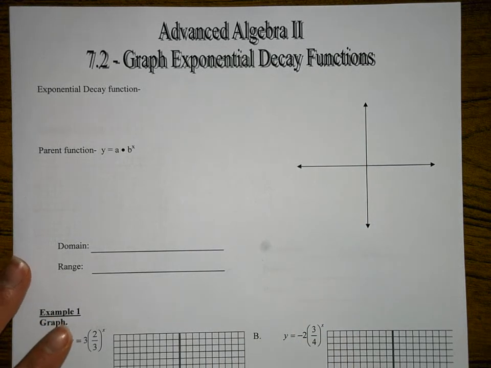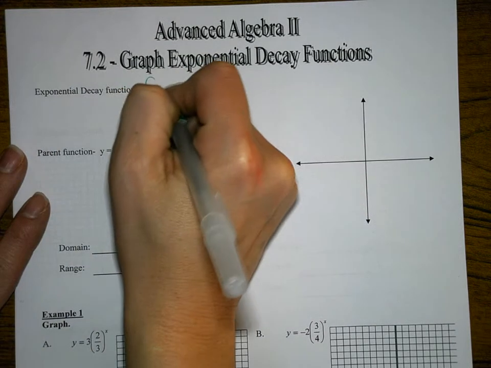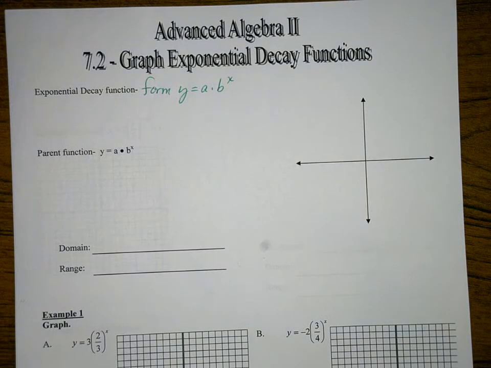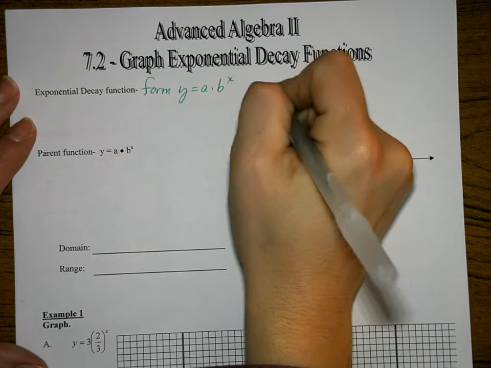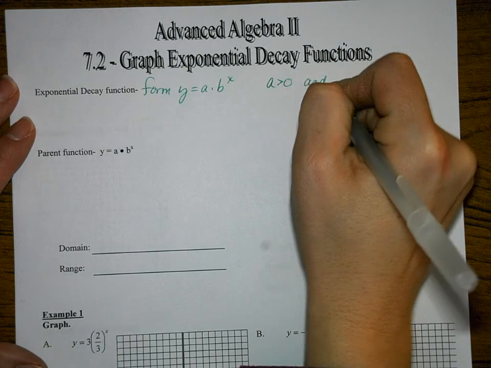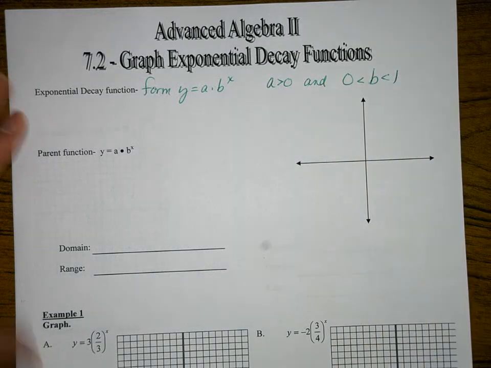Now today, we're going to look at an exponential decay function, and it's still going to have the form y is equal to a times b to the x. It's going to look exactly the same, except the a this time has to be bigger than 0, and my b is going to be between 0 and 1.